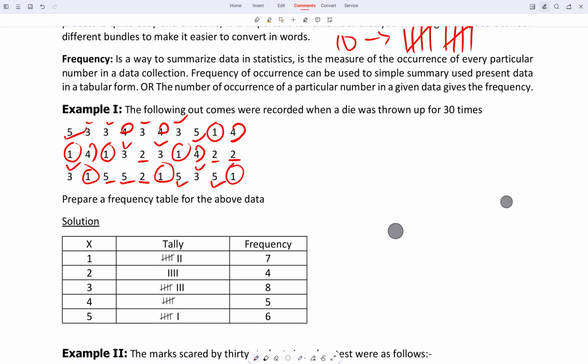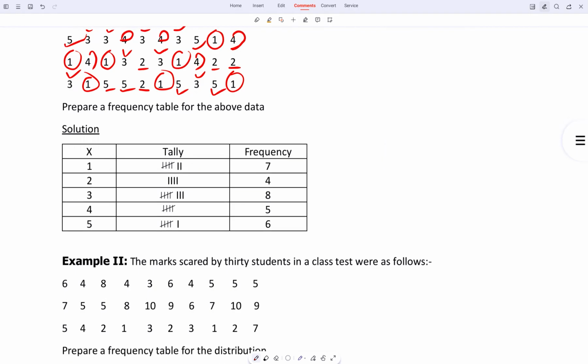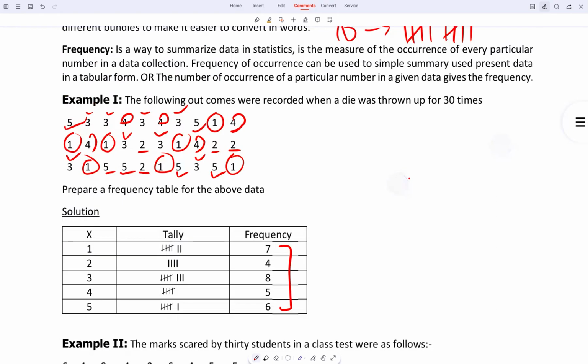Now see, this is where the thing comes in. The beauty is, if you add all these values together, you must get the number we said here, which is what? 30. If you do not get 30, then you are wrong. So let's add 7 plus 4. 7 plus 4 is 11. 8 plus 5 is 13. And then 6.